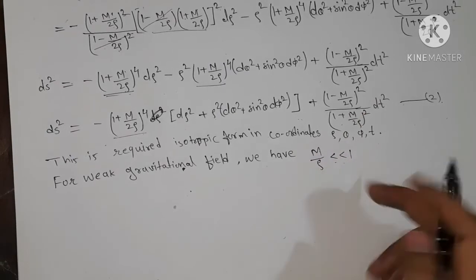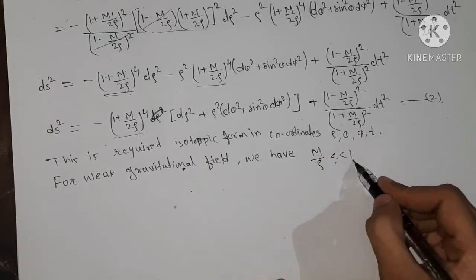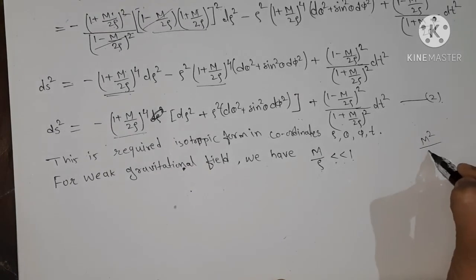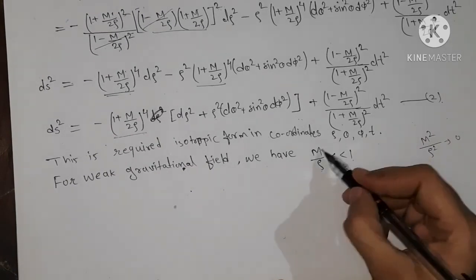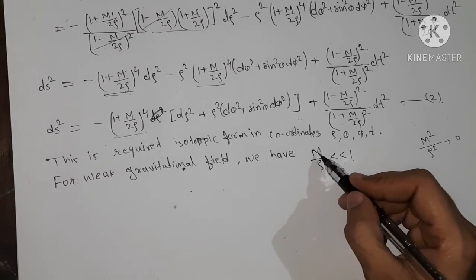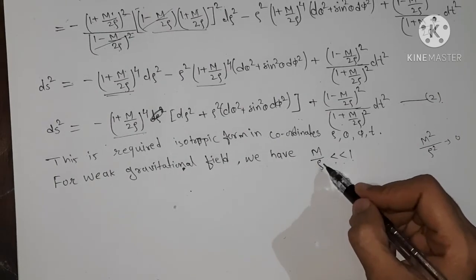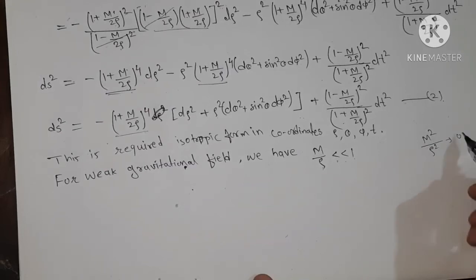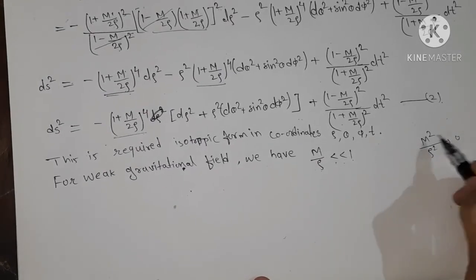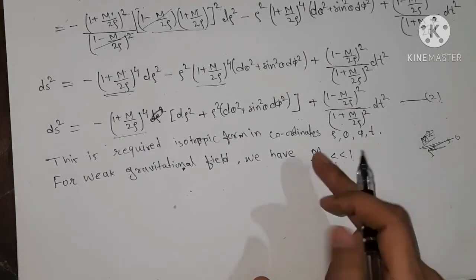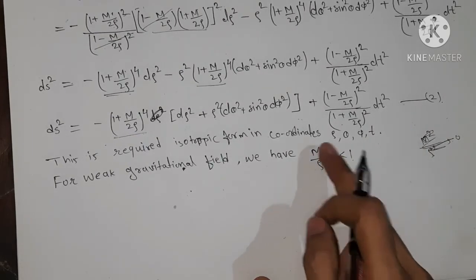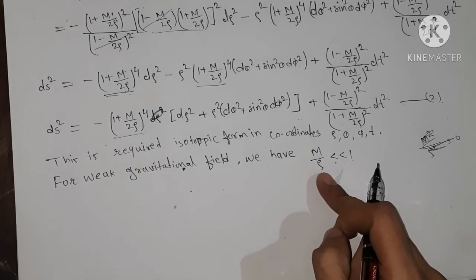Because it is small, m²/ρ² tends to 0; the powers of m/ρ go to 0 as it is very small. So as the powers of m/ρ increase, they tend to 0, and therefore we take the power of m/ρ up to the first order.